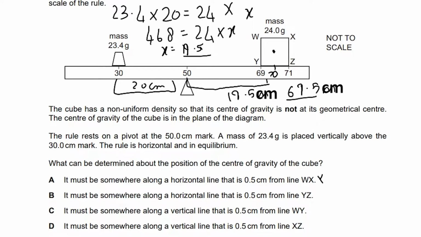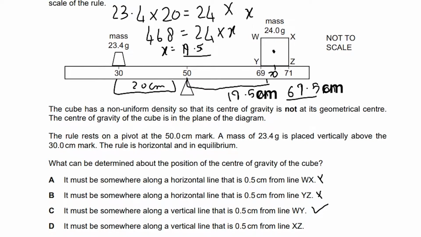So option A is incorrect. Option B says it must be somewhere along a horizontal line that is 0.5 centimeter from the line YZ. That can't be the option; in fact, it can't be along a horizontal line. It must be along a vertical line from WY or from XZ. So it must be somewhere along a vertical line that is 0.5 centimeter from the line WY. This is the correct option because 69.5 was our answer.